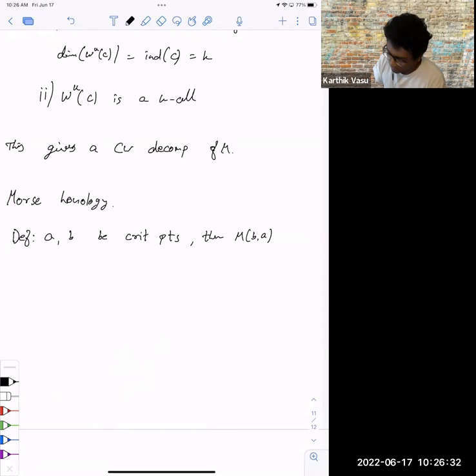Let M_BA be all points on trajectories joining B to A.